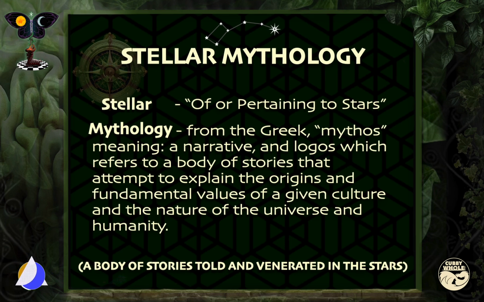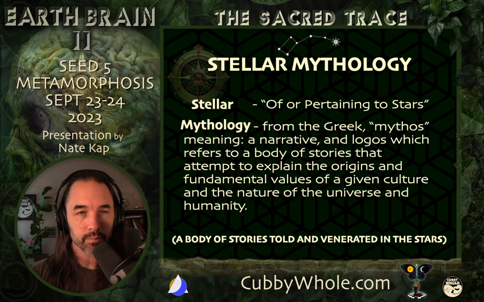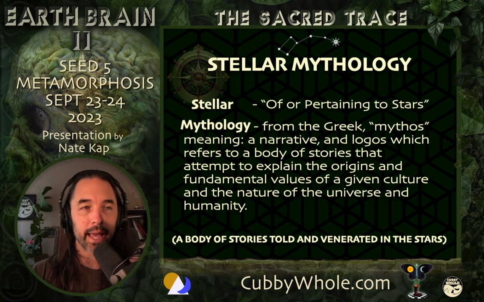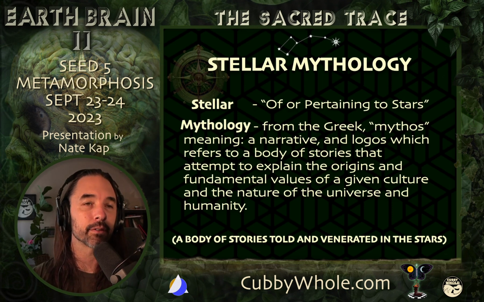Mythology comes from the Greek mythos, meaning a narrative, a story, and logos, meaning speech, which refers to a body of stories that attempt to explain the origins and fundamental values of a given culture and the nature of the universe and humanity. Okay, so it's a body of stories told and venerated in the stars. Okay, so venerating means to honor and respect the holiness of something. Okay, something I explained earlier.